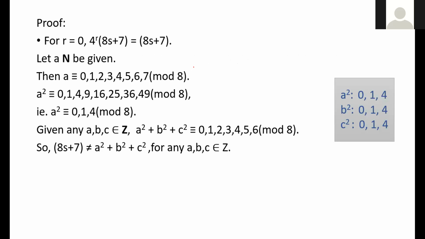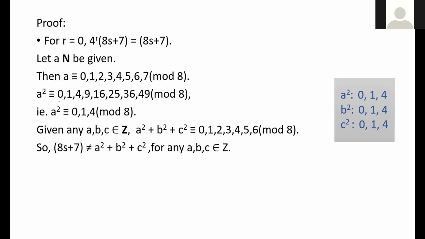If r is equal to 0, then the expression is just 8s plus 7. Let a belonging to N be given. By the division algorithm, we know that a is congruent to 0, 1, 2, 3, 4, 5, 6 or 7 modulo 8.